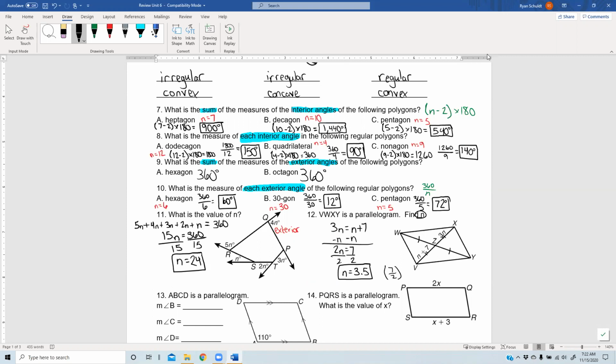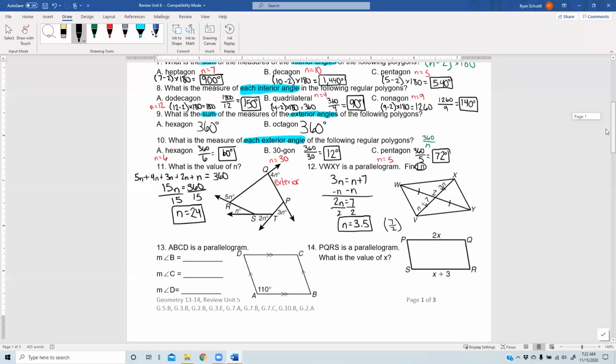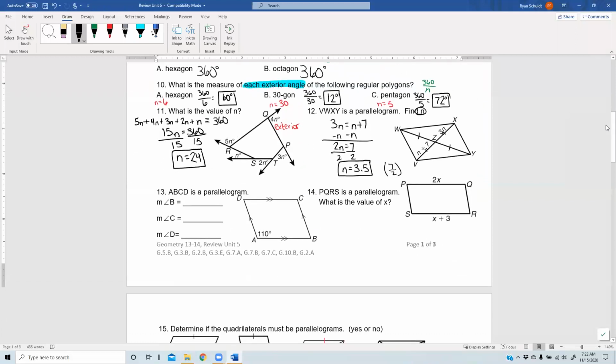Okay, number 13. Tells us ABCD is a parallelogram. Okay, well, let's think about parallelograms. They give us an angle here. We know that opposite angles have to be congruent. So C has to also be 110. I'm going to go and fill that in.